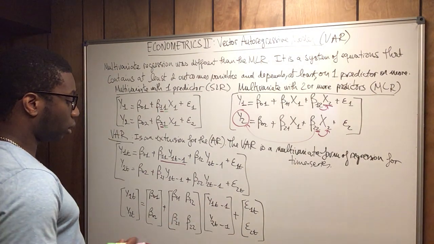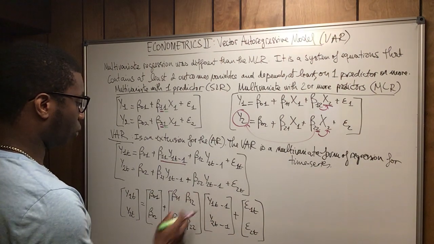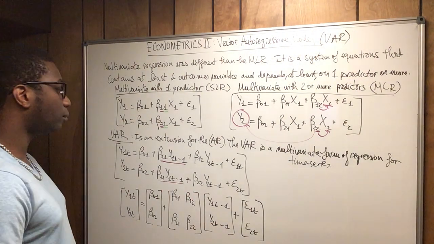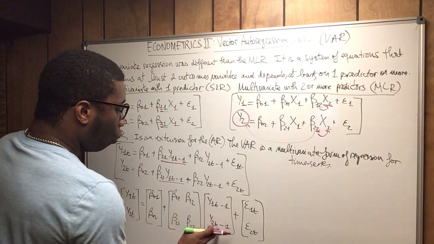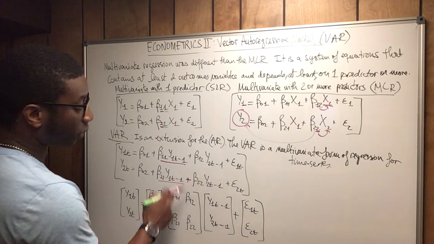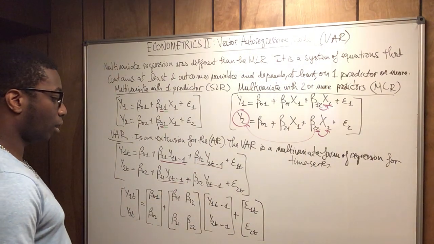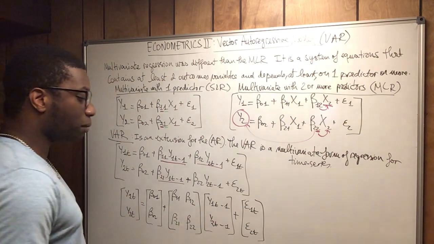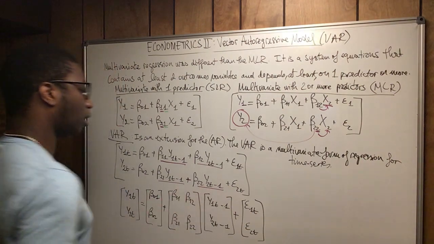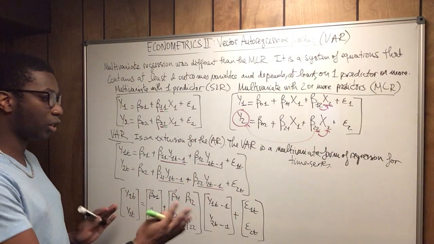Y1T minus 1 times beta 21, this is what you have here. Y2T minus 1 times beta 12, that's what you have here. Y2T minus 1 times beta 22, that's what you have here. So it's pretty simple, as you can see.